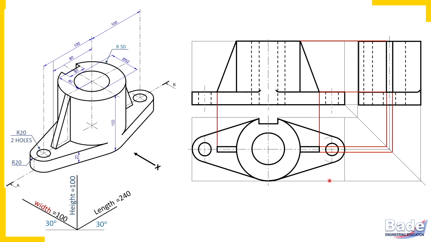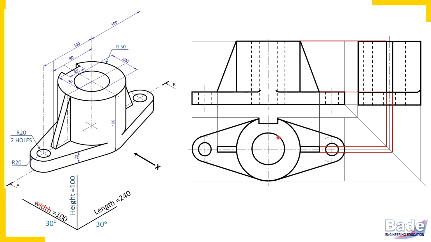You must draw the cutting line in the view in which there are fewer hidden details. Now we want to draw the sectional front view. So we must draw the cutting line in the top view or in the side view. Now check the top view and also the side view. In the side view, there are many hidden lines involved.